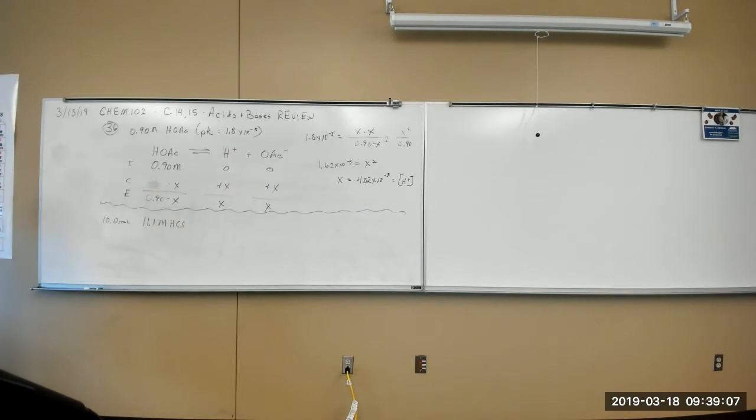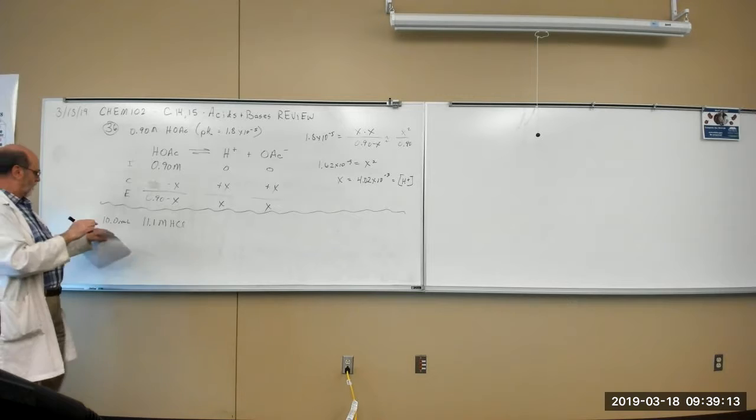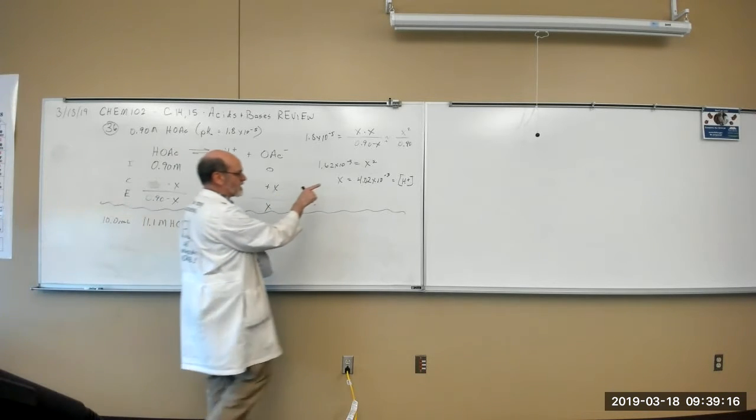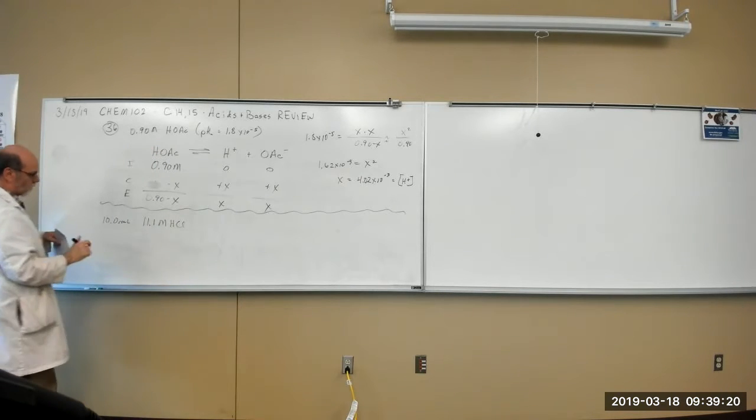Now, HCl is a strong acid, so it's going to be completely dissociated. All we need to know is we want the hydrogen ion concentration to be equal to that value. Right?